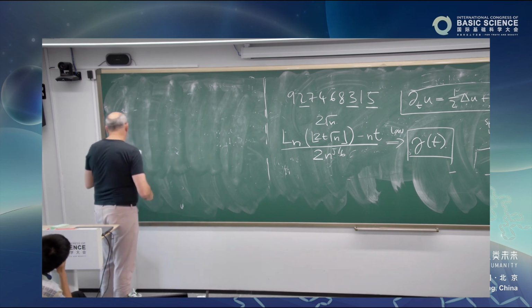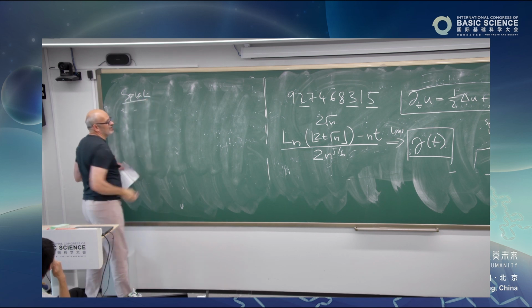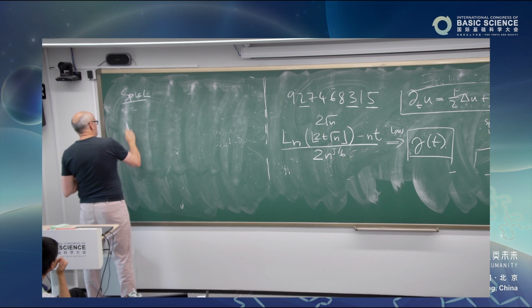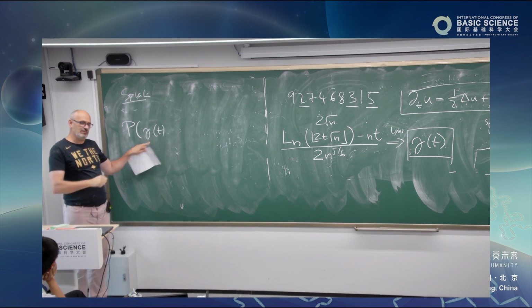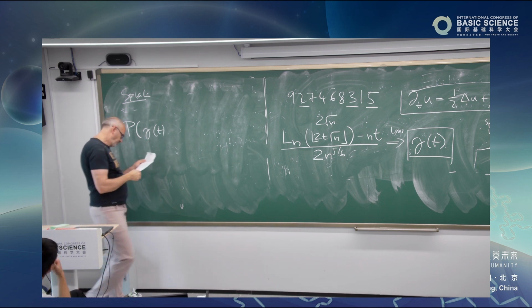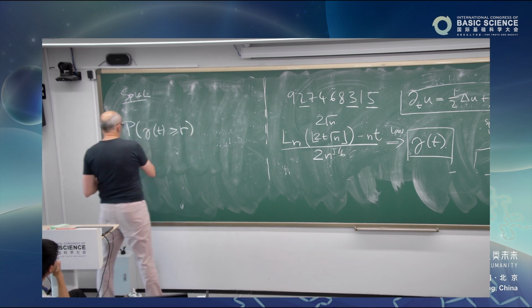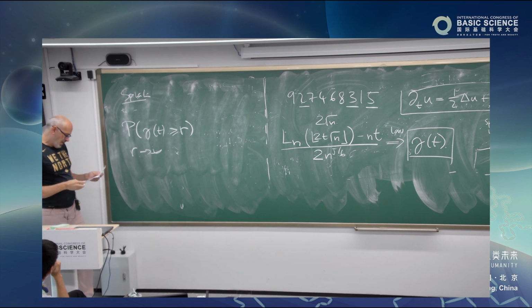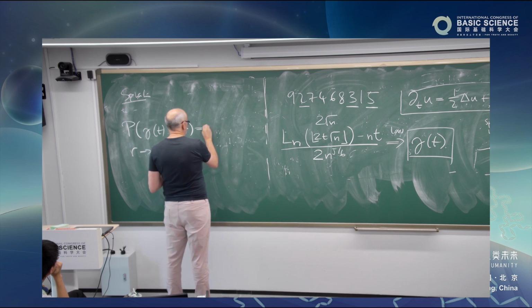My student Dennis Spivak was studying the large deviation of this directed geodesic. What you're looking at is the probability that gamma of t, where gamma goes from (0,0) to (0,1), is greater than or equal to r, as r goes to infinity. And we actually managed to compute this; there's some answer to this.